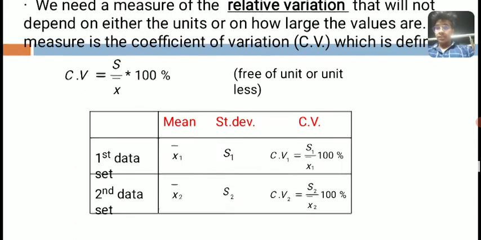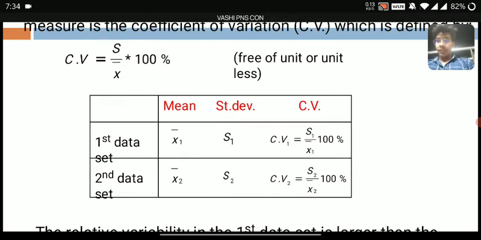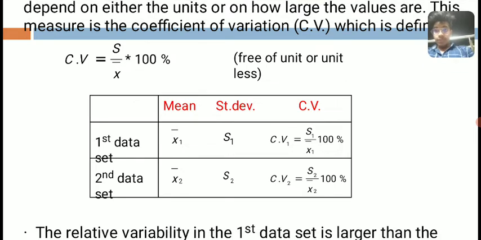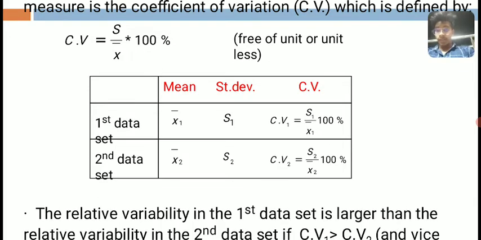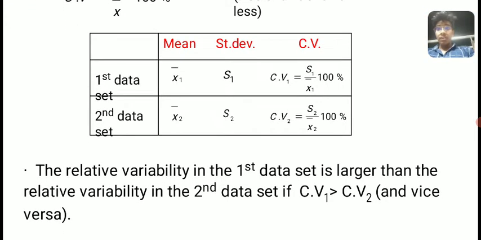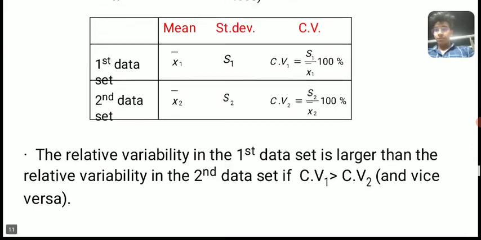For coefficient of variation, we need to take two sets of data, with means x1 bar and x2 bar. The formulas will be CV1 and CV2.